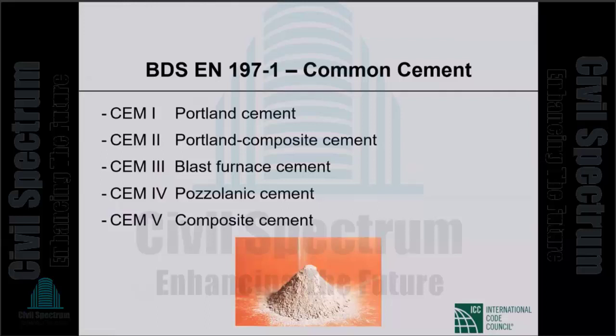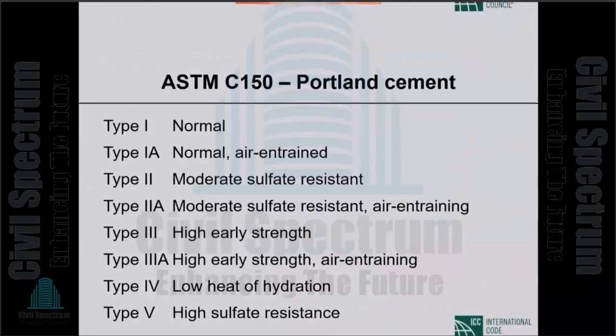CEM 1 is Portland cement, CEM 2 is Portland composite cement, CEM 3 blast furnace cement, CEM 4 pozzolanic cement, and CEM 5 composite cement, meaning cement and pozzolan together. Now, Dr. Akif tells me that pretty much all cement used is CEM 1 and CEM 2. CEM 3 has been used in nuclear power plants, and 4 and 5 are basically not used.